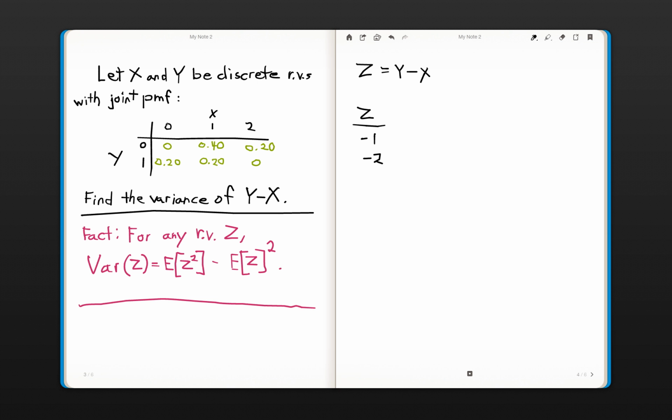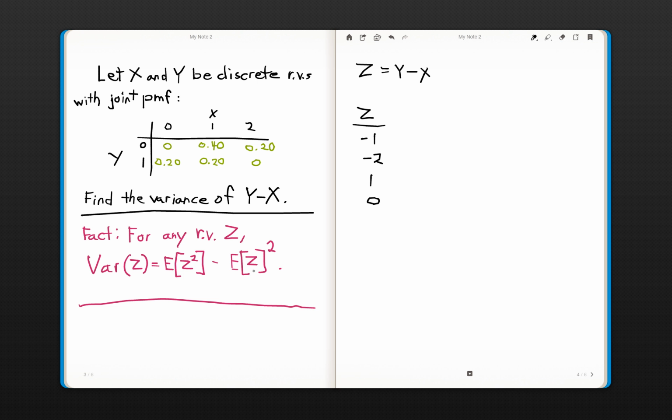Then 1 minus 0 gives the value 1, with probability 0.2. It can also take on the value 0. Actually, I was wrong when I said it can't take on 0. It can, it's just that they both can't be 0. And 1 minus 2, negative 1, occurs with probability 0. So these are all the values that Z, or Y minus X, can take on.